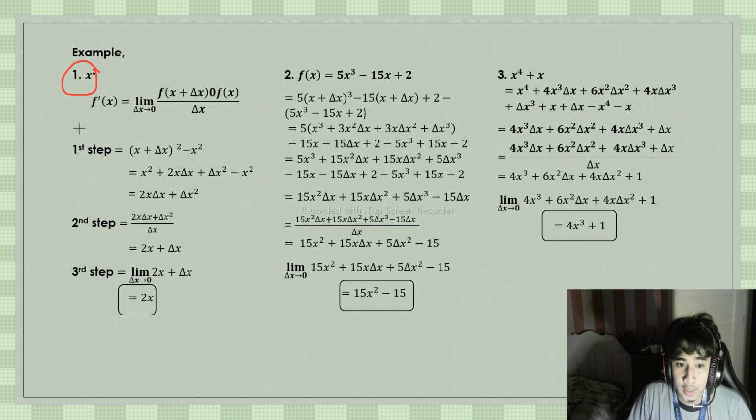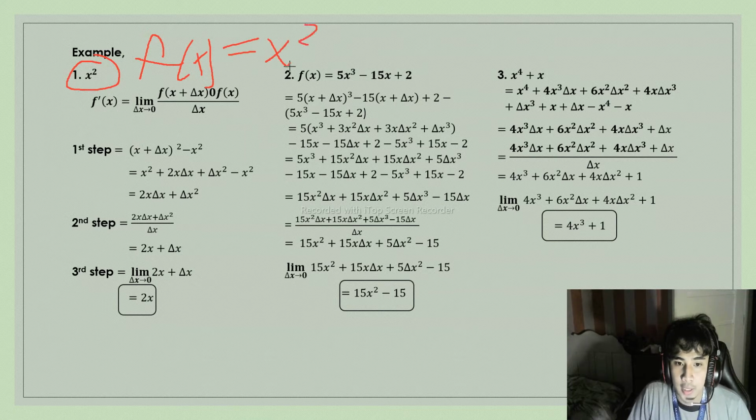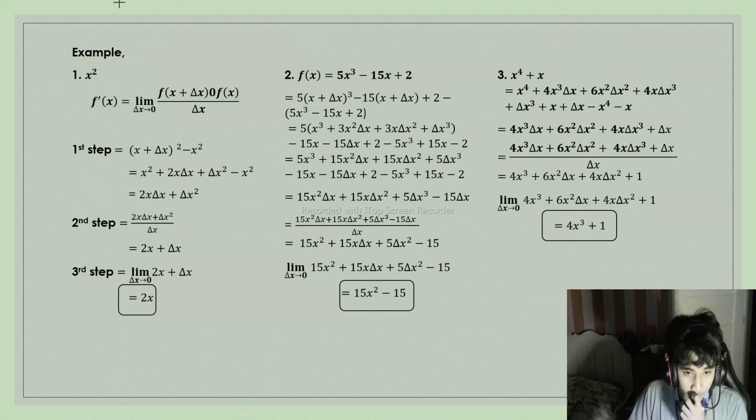So, magiging quantity x plus delta x quantity squared kasi may squared yung x. Tapos, i-minus natin yung f of x natin, which is x squared, kasi f of x is equal to x squared. Minus po to.